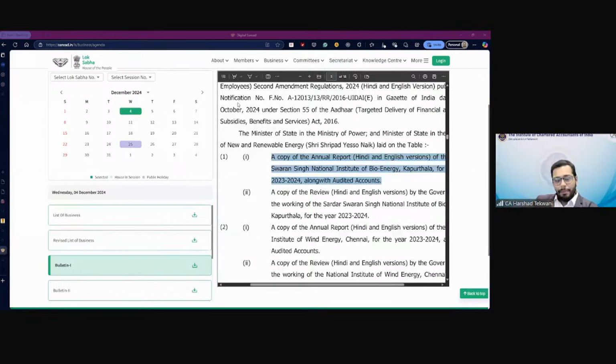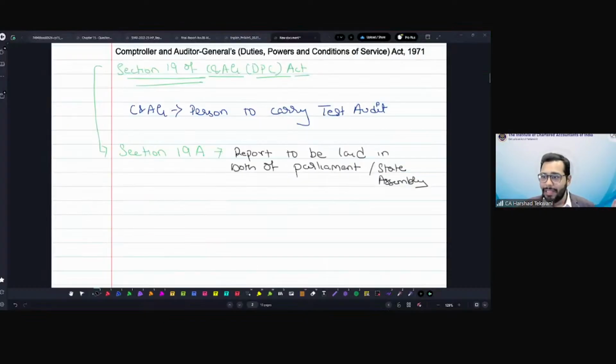Once it is placed before the House, it is then discussed. I hope it is clear now. Any doubt till now? No?